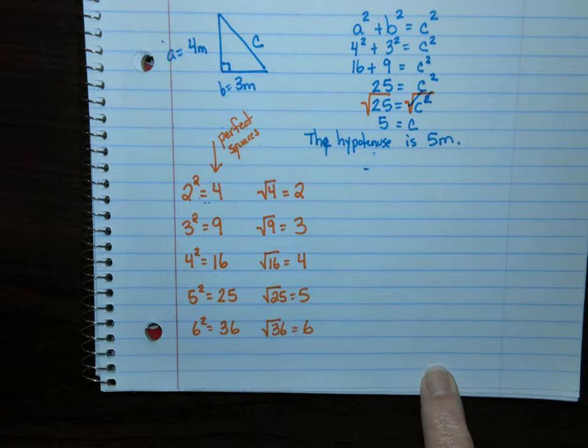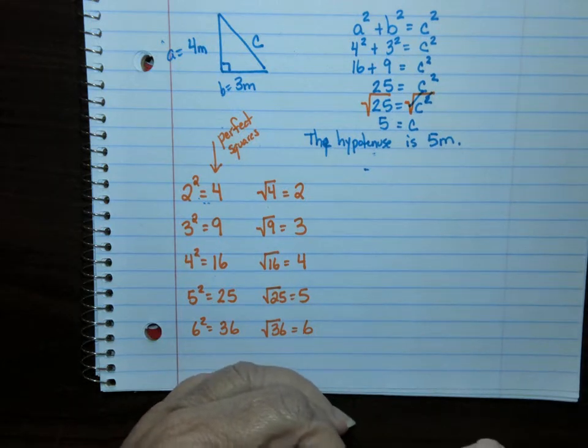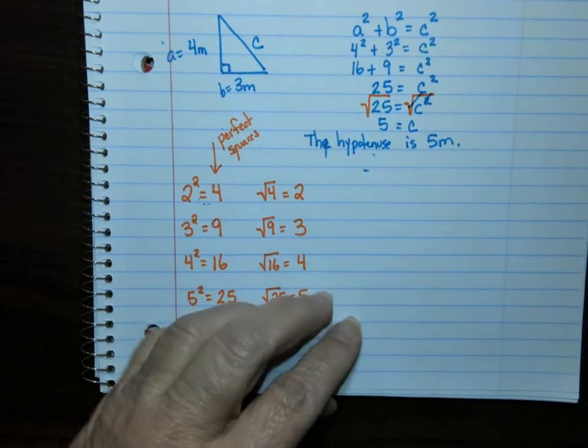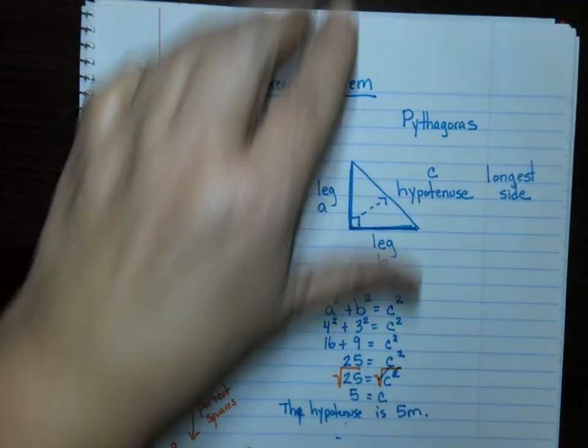Alright, so not every time when you take the square root does it come out exactly as a whole number. So we're going to do another example where we're going to have to do some rounding.